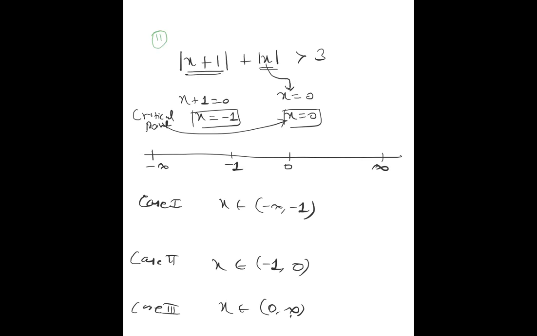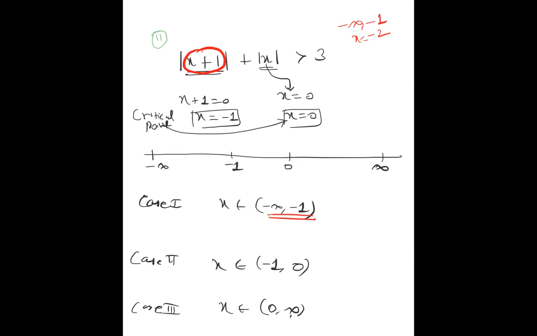Okay, got it? So first case, between minus infinity to minus 1, that means x is less than minus 1. I'll give you an example: x equal to minus 2.